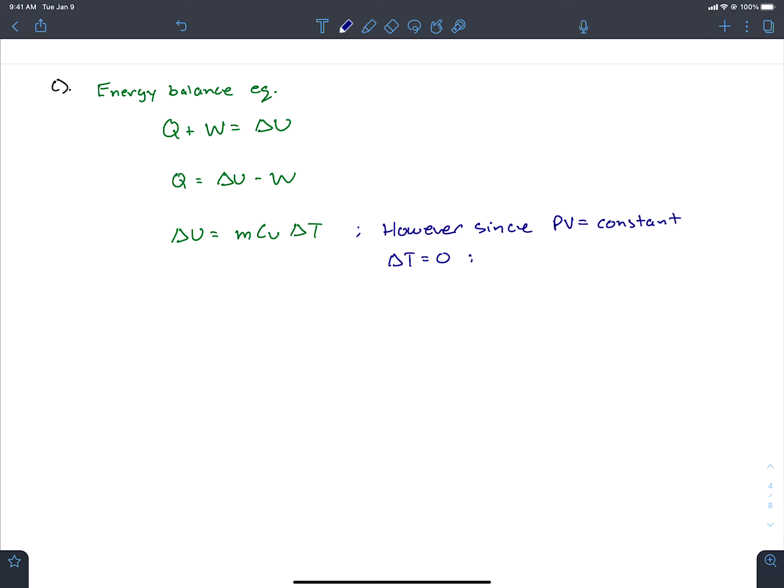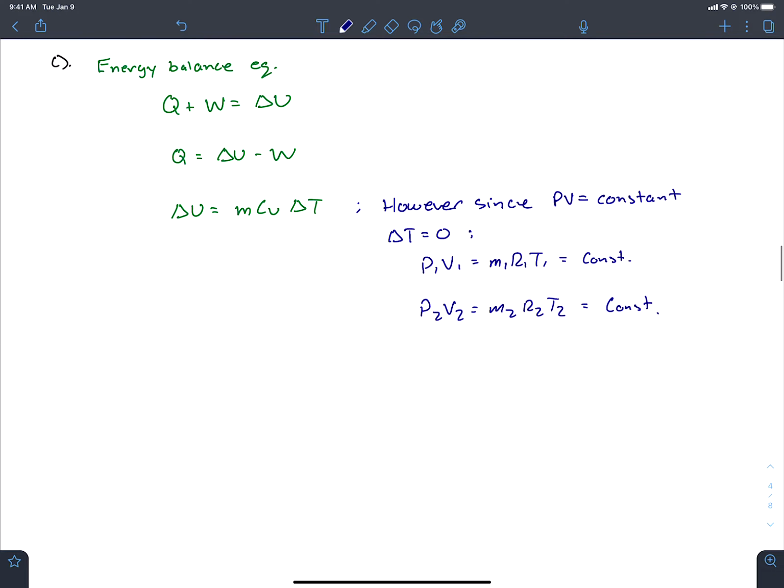The way that we can see that is if I write P1 V1 equals m1 R1 T1, and P2 V2 equals m2 R2 T2. If this equals constant and this equals constant, first and foremost, the air isn't changing. We're not adding or diluting the air, we're not changing gases. It's always homogeneous and always the same amount, so m and R are always the same.